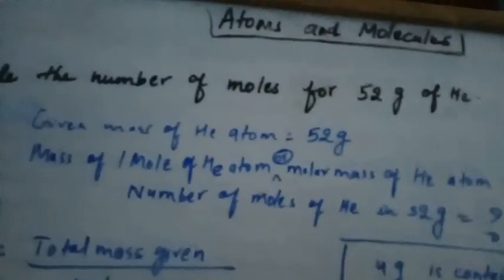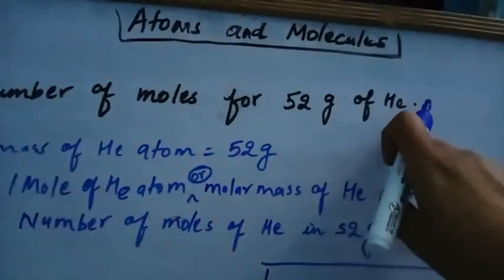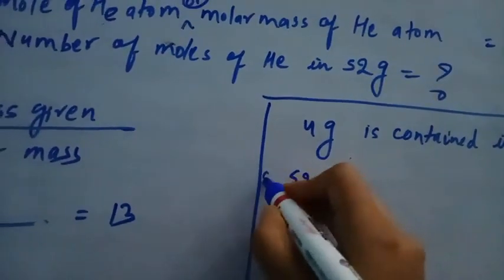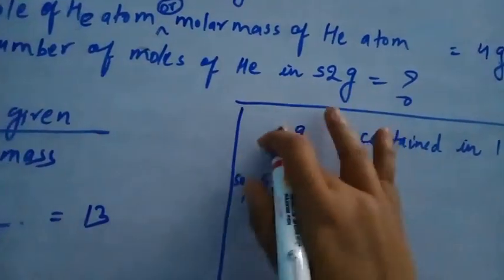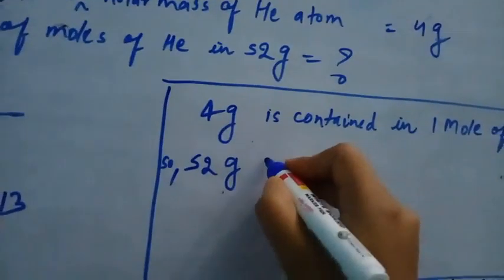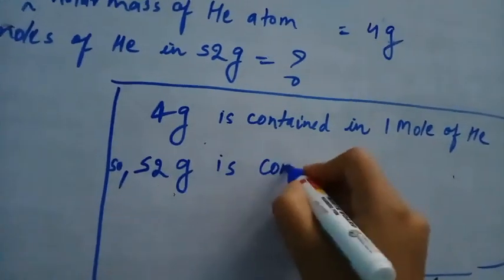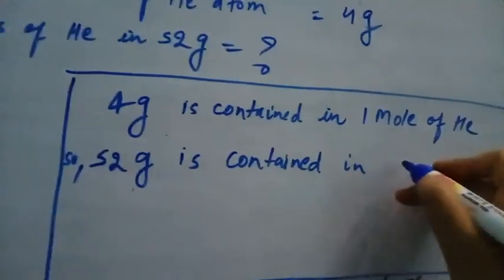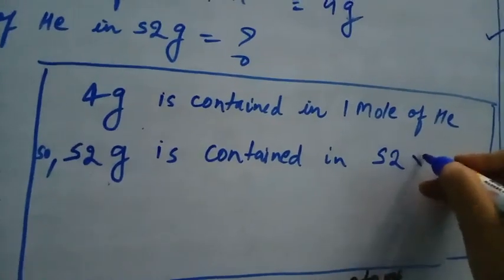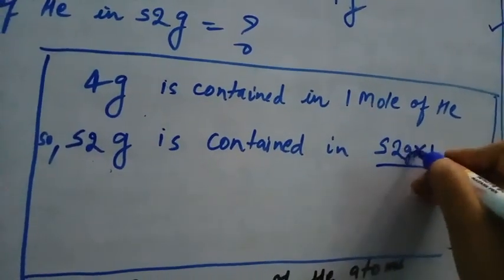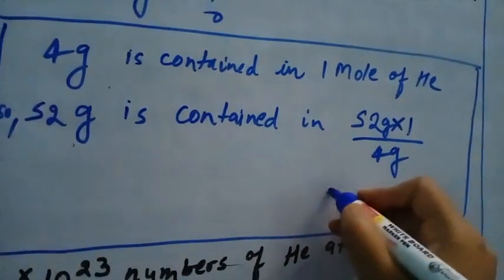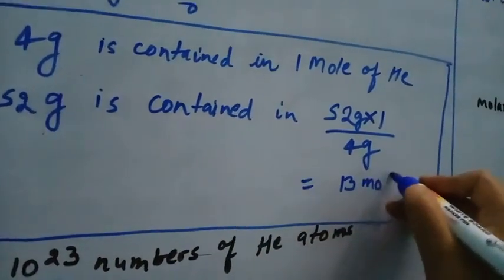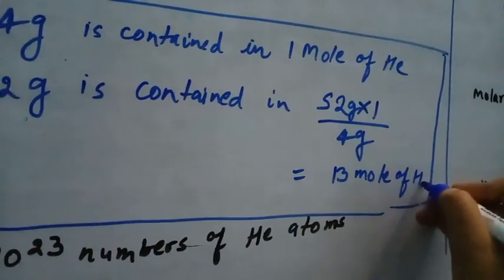Now it is asking how many moles are present in 52 gram of helium. So 52 gram is contained in how many moles? You can use the method 52 into 1 divided by 4 gram, and you will again get 13 moles of helium.